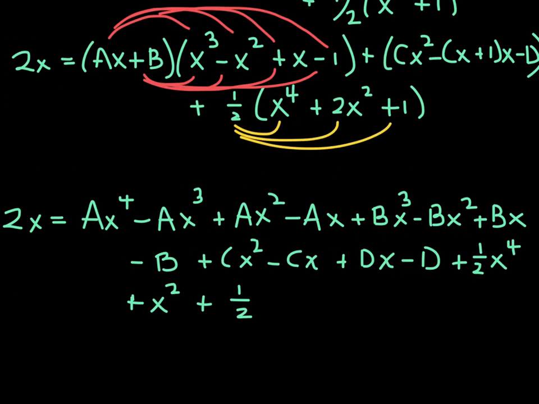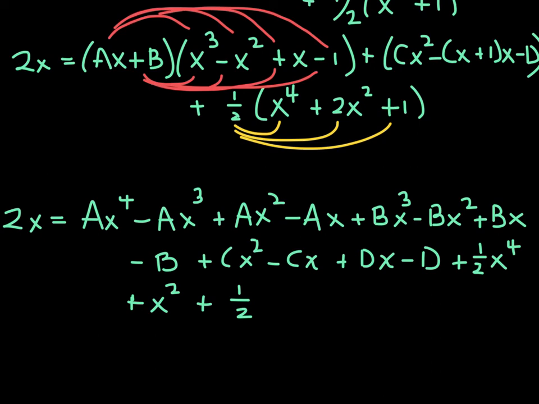So I went ahead and distributed. I got ax to the 4th power minus ax cubed plus ax squared minus ax plus bx cubed minus bx squared plus bx minus b plus cx squared minus cx plus dx minus d plus 1/2 x to the 4th plus x squared plus 1/2. Whew, it's a lot.